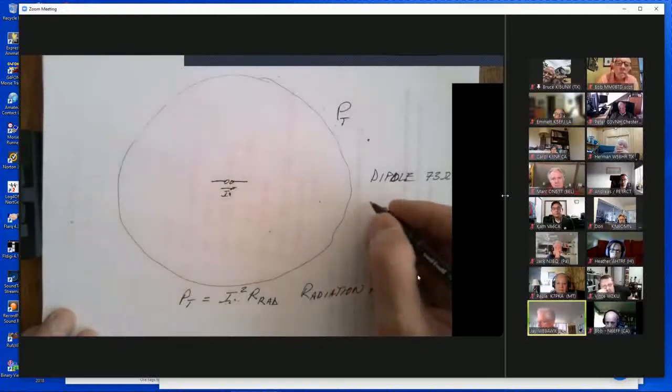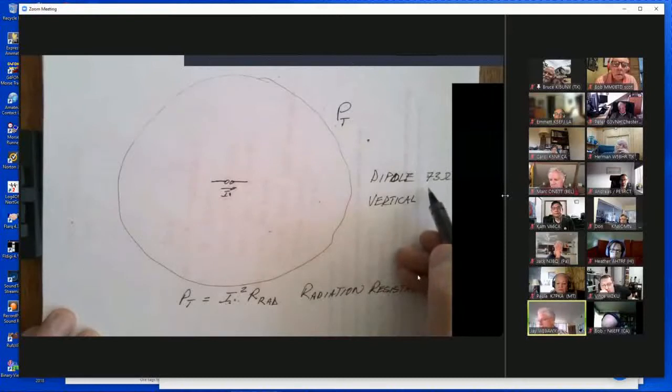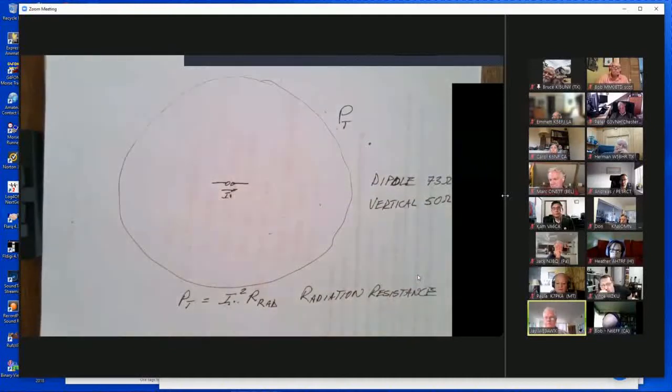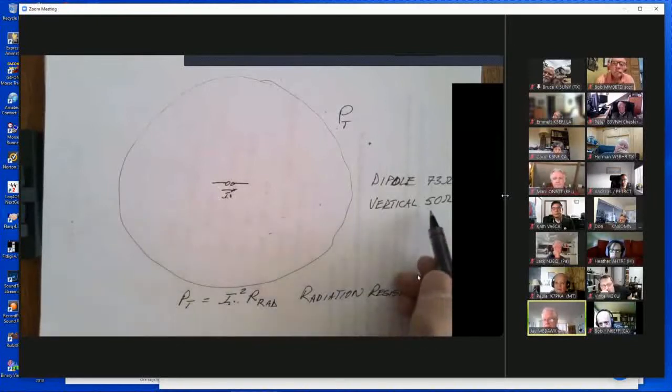If I have a vertical, now what do I have? Well, it turns out a vertical is 50 ohms, thereabouts. So a vertical looks like 50 ohms. Notice for the same current, what do I get? I get 50 watts.